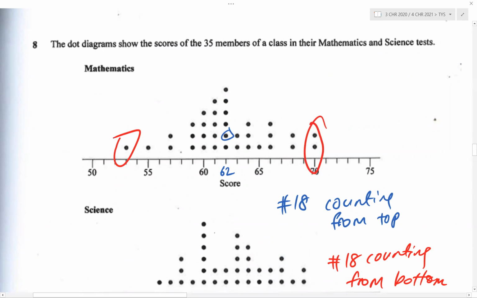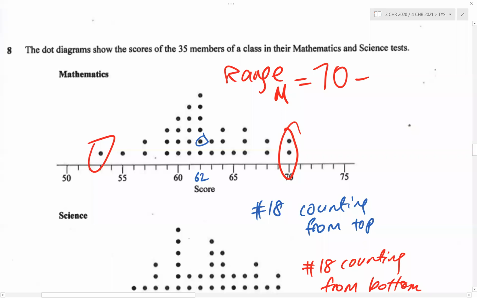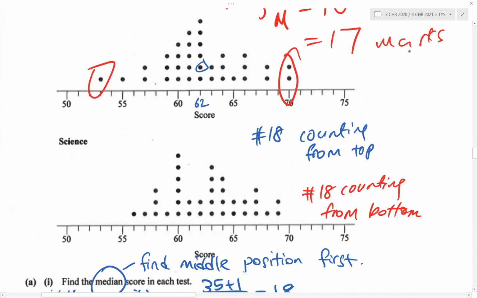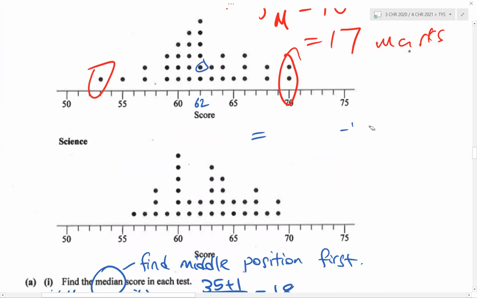So the range for mathematics. I write a range with a little m at the bottom because I'm too lazy to write range of mathematics. So range m is 70 minus 53, and we get 17 marks. What about the range for science? Range science is 69 minus 56.